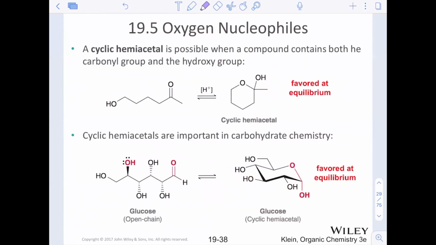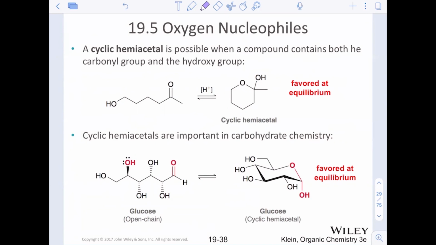Now a cyclic hemiacetal, right? We said hemiacetals in the intermediates of acetal reactions are very difficult to isolate. Why? Well, it's just because the equilibrium is either favoring the ketone or the aldehyde, or the acetal, and that hemiacetal is stuck right in the middle of this balancing act of equilibrium.